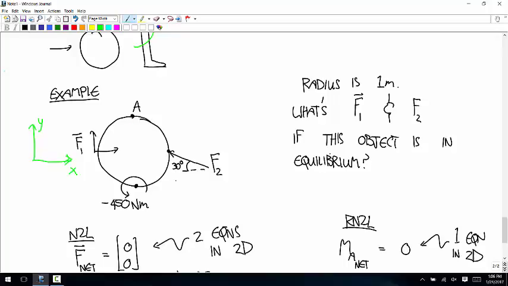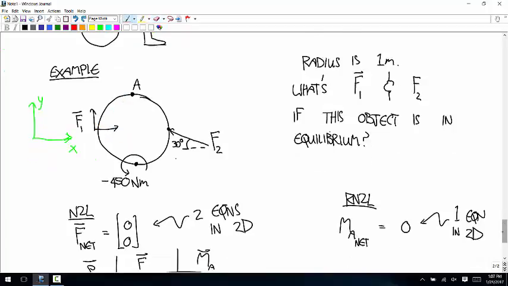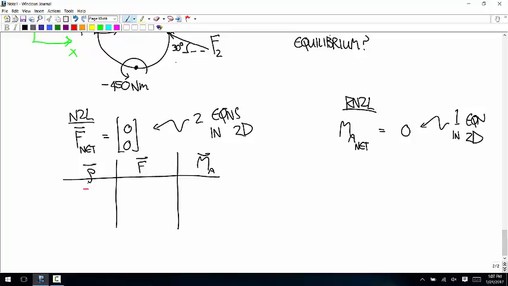To get from A to where this F1 is applied, you have to go in the negative Y 1 meter and in the negative X 1 meter. So the r vector is going to be -1, -1.